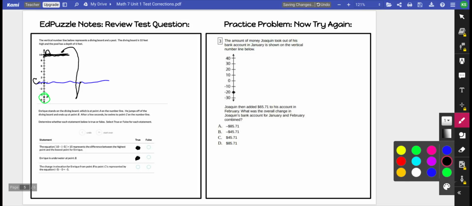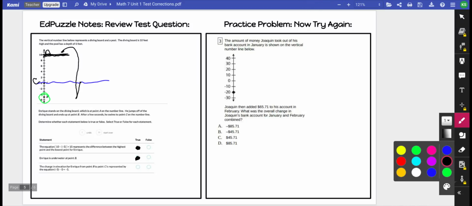Last thing, the change in elevation for Enrique from point B to point C is represented by the equation -5 minus 0. So if he goes from point B, he would be moving upward. So is he moving a negative distance?